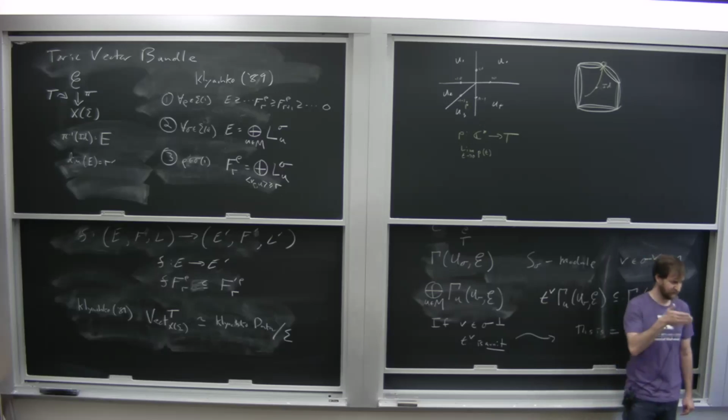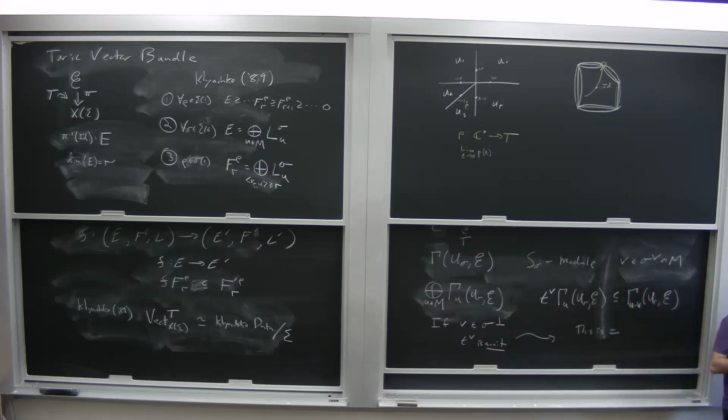You have to say where in the integers the subspace drops from E to the subspace, and then where it drops from the subspace to 0. And that data, by the way, where the drops happen, is equivalent to picking a total Chern class.